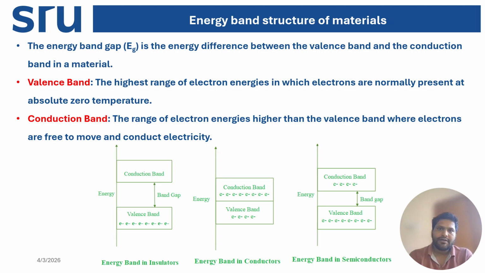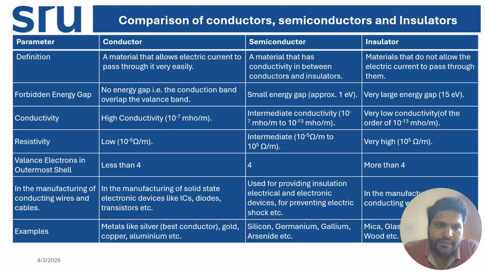Next is the difference between conductors, insulators and semiconductors according to their properties. So next is a comparison between conductor, semiconductor and insulator according to different parameters. First is definition.